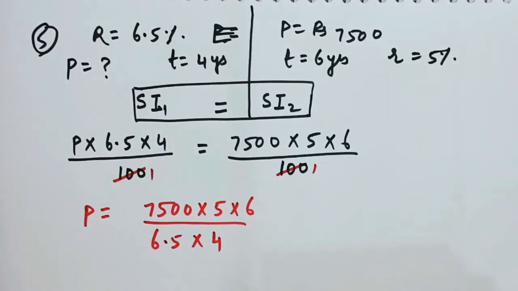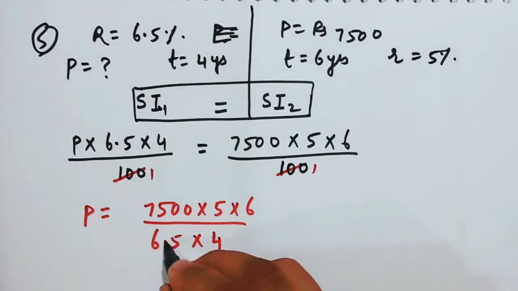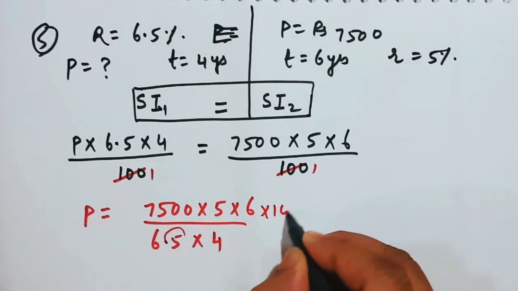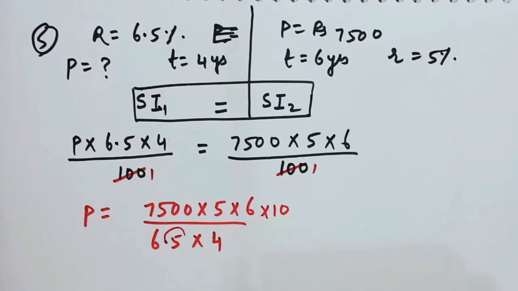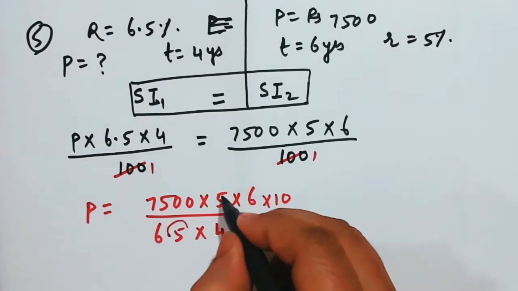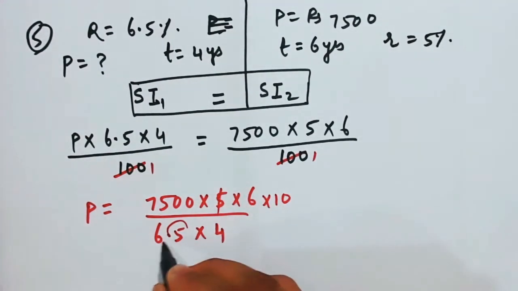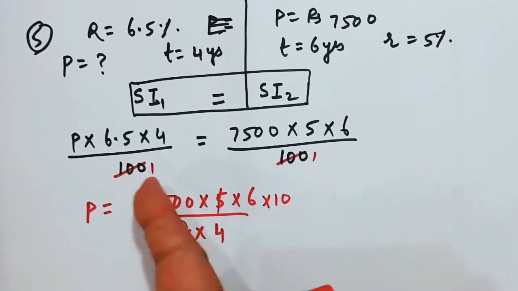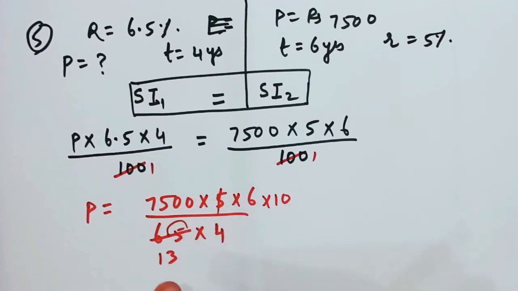Okay. Now let's do some cancellation work. When you remove the decimal, you multiply it by 10. So 5 how many times? 5 13 times. And when you cancel this, 5 13 times this much. Very good.